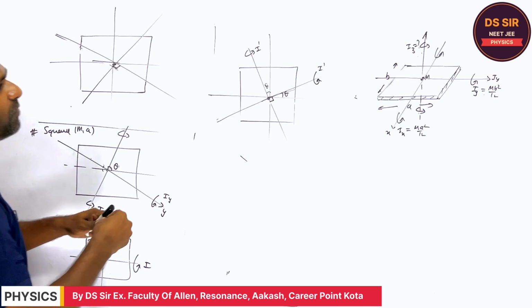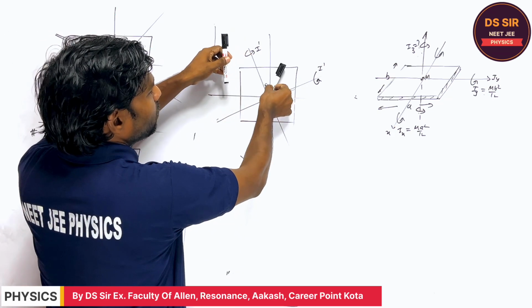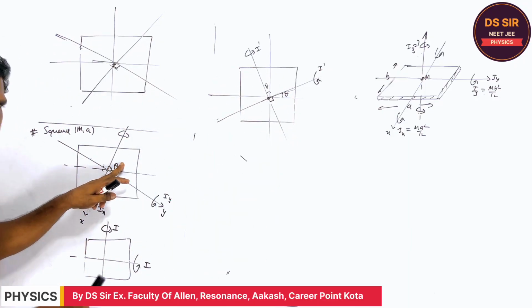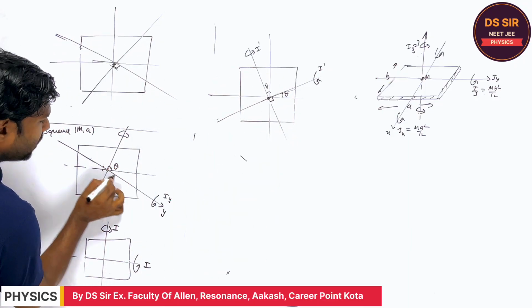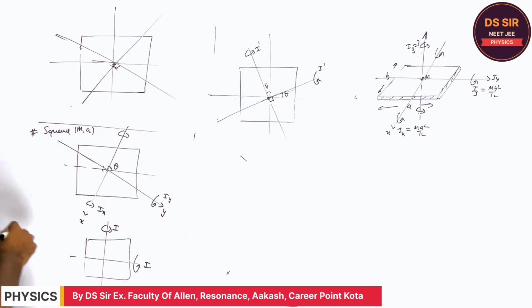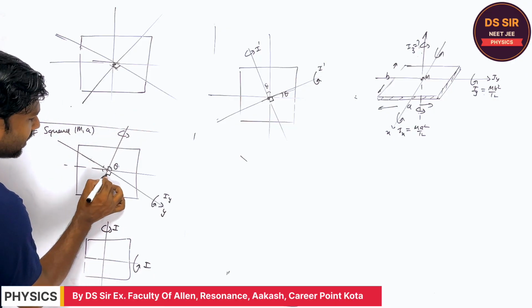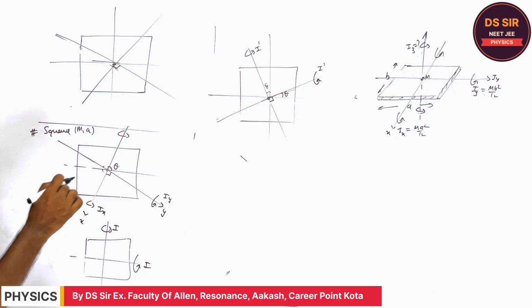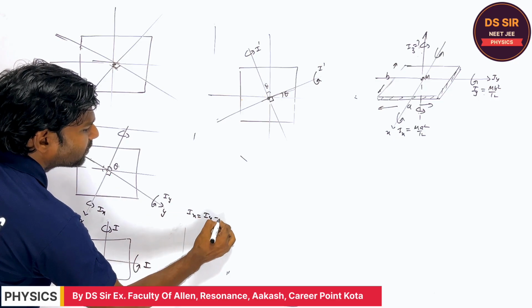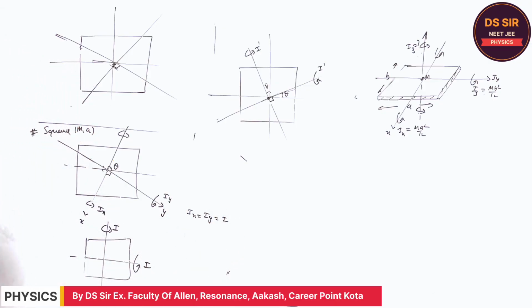If you give more angular displacement, it will come to this side. So whatever the angle theta is, you choose a perpendicular axis to the given axis. If this is the x-axis and this is the y-axis, both axes are perpendicular and both moments of inertia must be the same. Do you understand this thing or not?